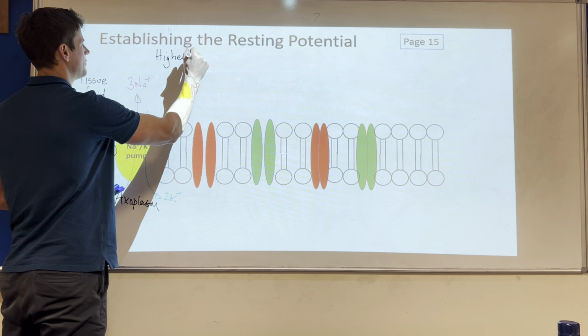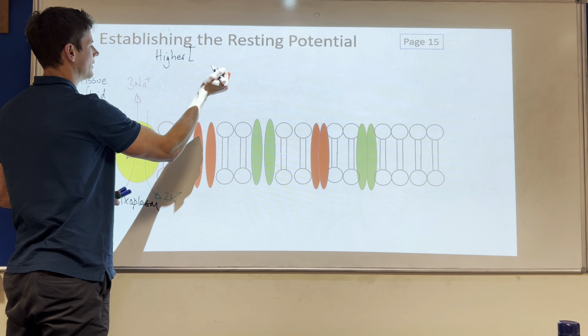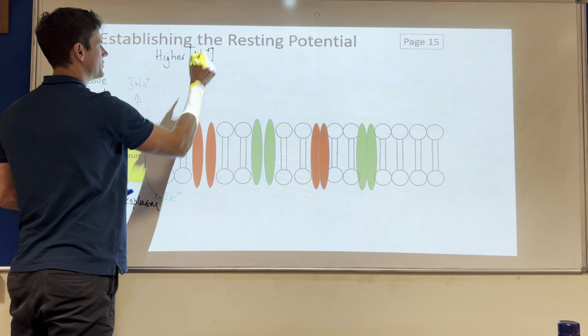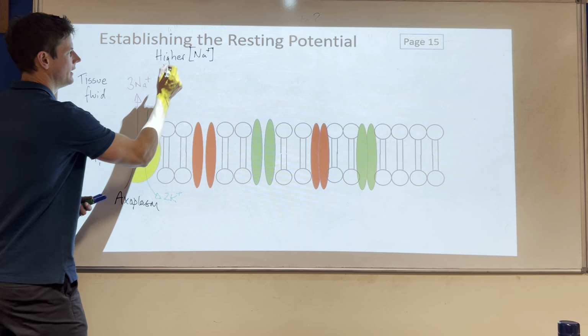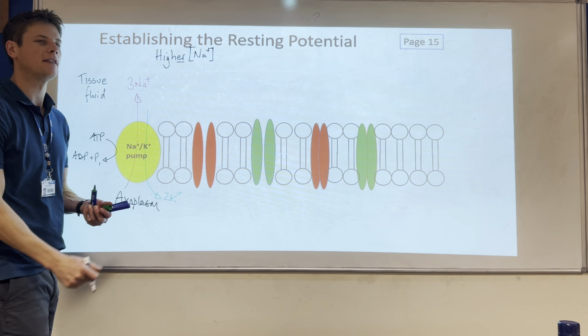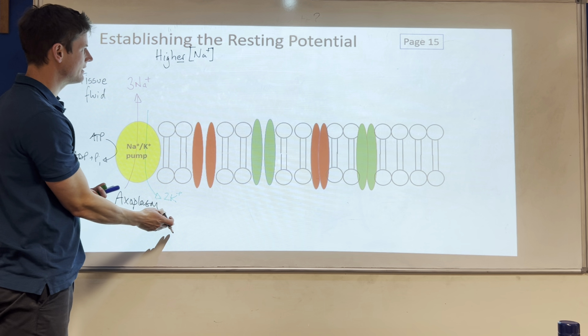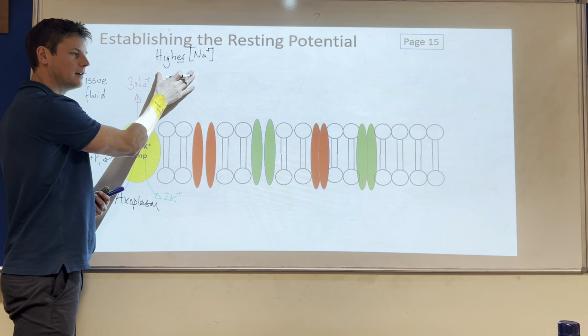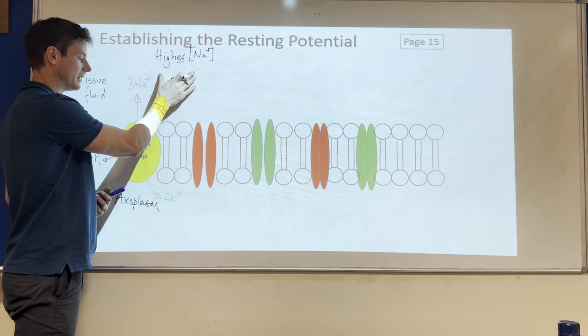So I'm going to use square brackets here to represent concentration. So we get a higher concentration of sodium ions on the outside. And I've used the little bit there to demonstrate that this is comparative. So this is a concentration gradient being established. Higher sodium ion concentration on the outside.